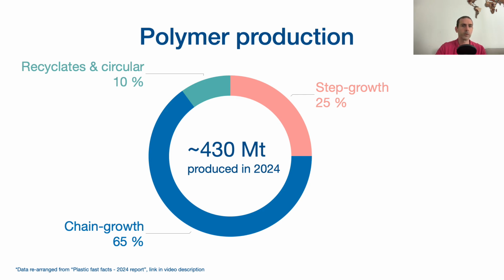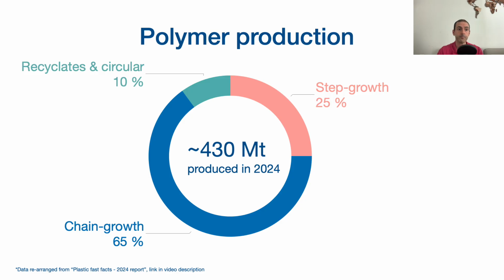In a separate video, if you're interested, we can discuss the environmental implications and the state of recycling. But here I want to focus on which polymerization mechanisms are responsible for producing these materials. The numbers you can see here, these percentages, are approximate. I needed to make a few assumptions while rearranging the data, but the overall picture is quite clear.